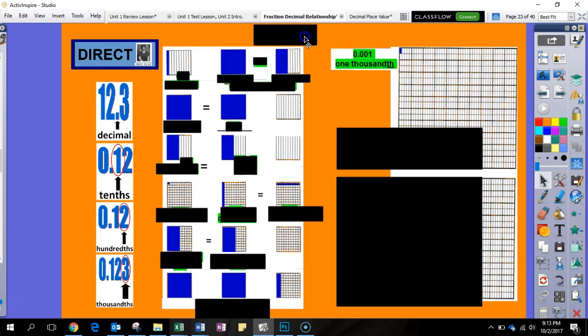So we're going to call this 1,000th with a TH on the end, not 1,000, but 1,000th. And notice how we shift over one more decimal place. Now it's 0.001. 3 places to the right is your thousandths place. So this is representing 1,000th.